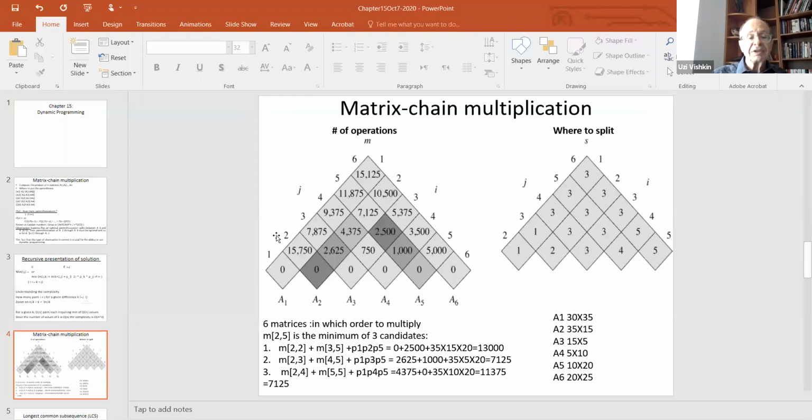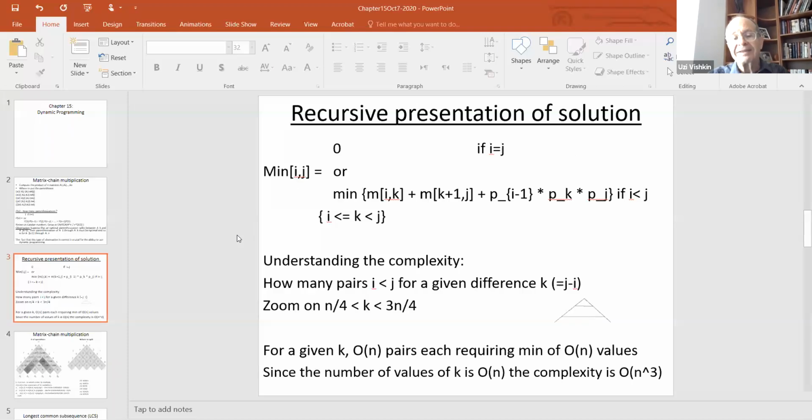What I'm going to do is limit my attention to a sub-area in this triangle.